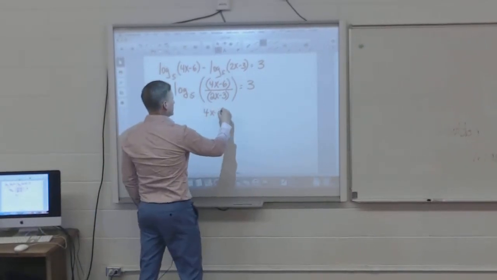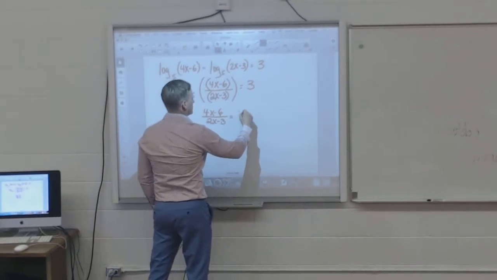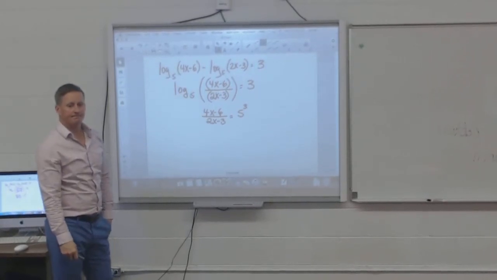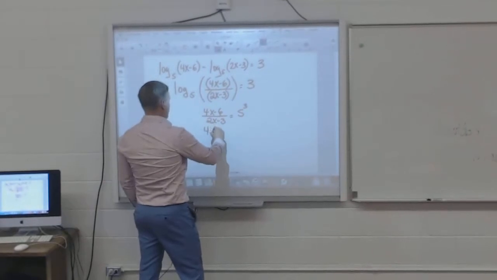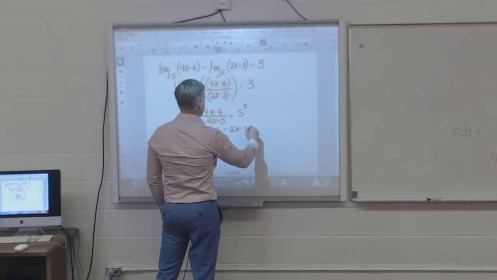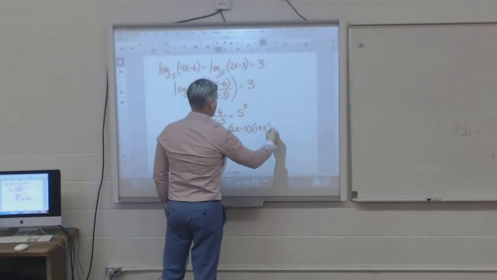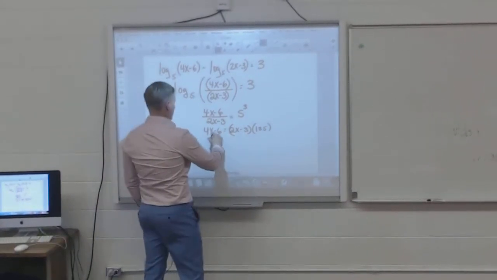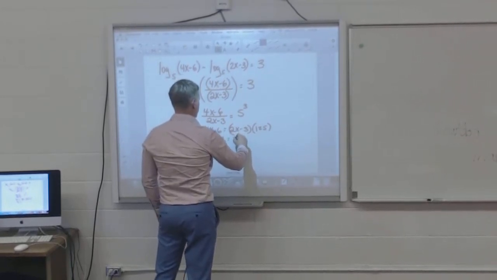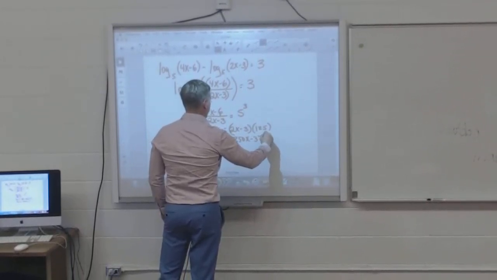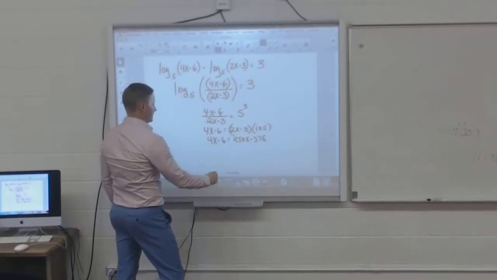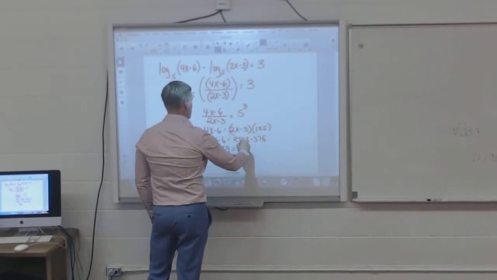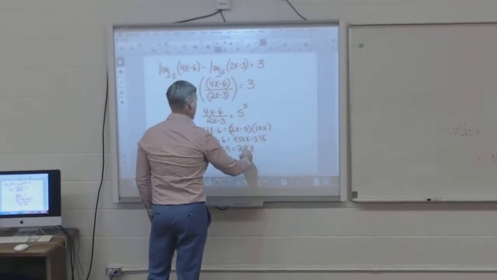So I have 4x minus 6 over 2x minus 3 is equal to 5 cubed. 4x minus 6 equals 2x minus 3 times 125. 4x minus 6 is equal to 250x minus 375. 269 equals 246x. x equals.